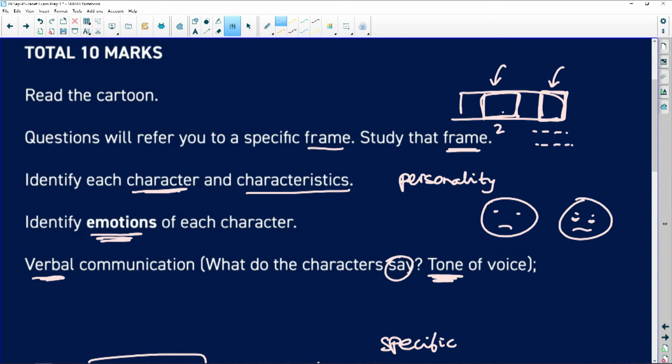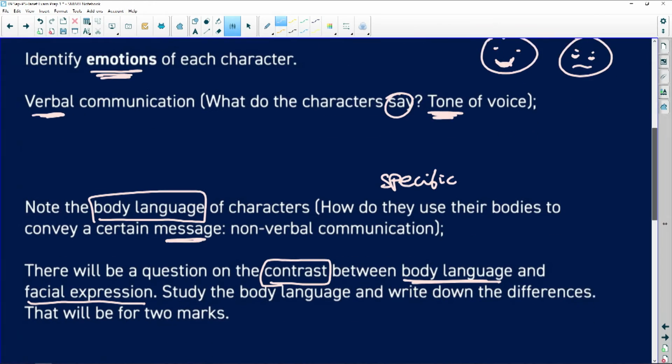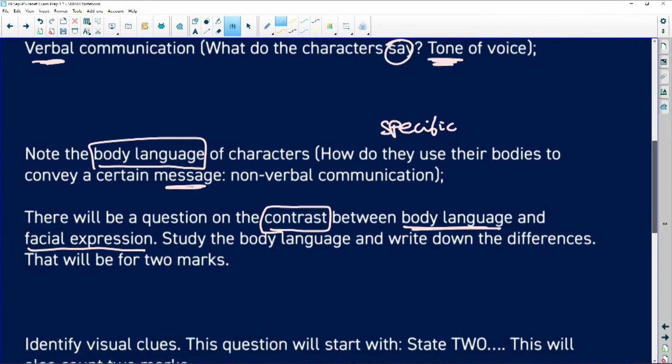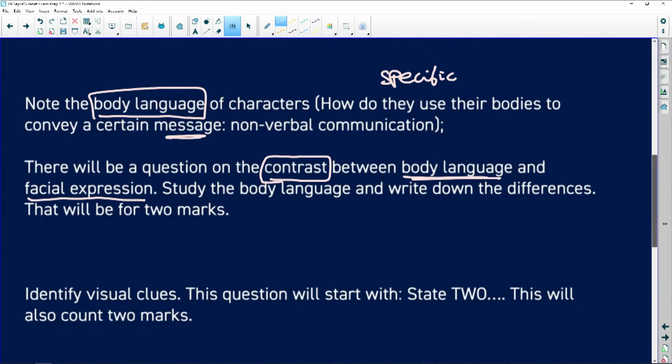So you've got to say, in this frame, the person looks like this, they look just a bit tired, and in this one, they look absolutely exhausted. So is there a real contrast? Maybe no. But if it were like this, you'd say, yes, they're really happy in this frame, but they're utterly exhausted in that frame. So look for the contrast, body language, facial expression from one frame to another.